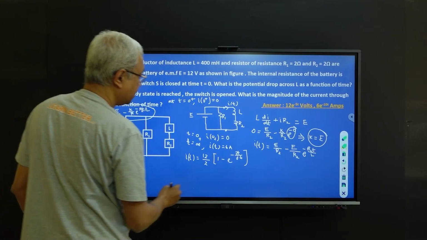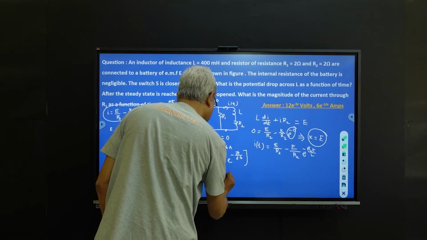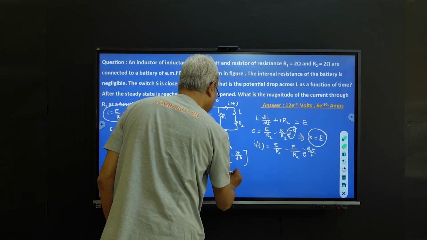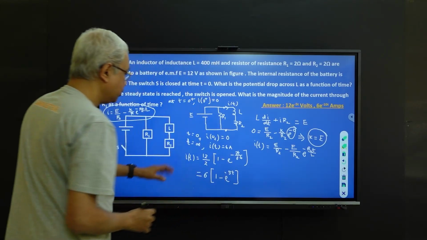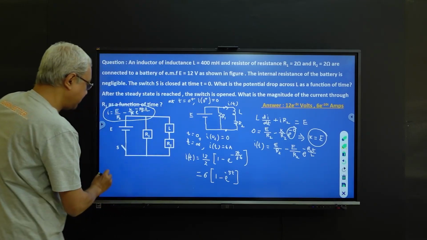So it is 6 times 1 minus e to the power minus 5t.